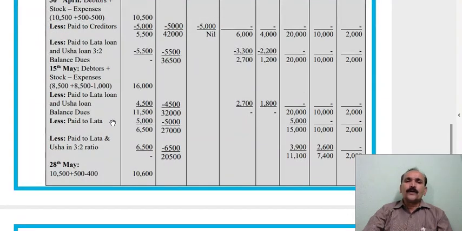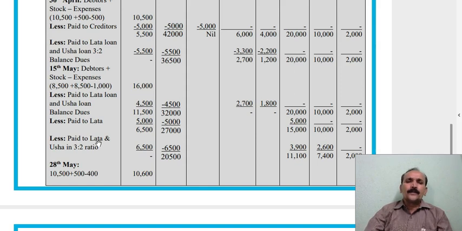After the payment of Lata's and Usha's loan, we should pay the excess capital, and that excess capital of Lata is 5,000 as per the statement of excess capital. Proof is 5,000. Deduct from total cash available, deduct from total claim, and deduct from Lata's capital.